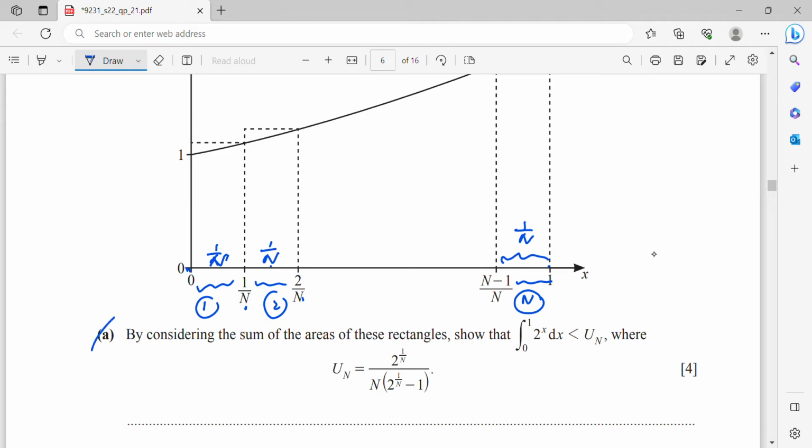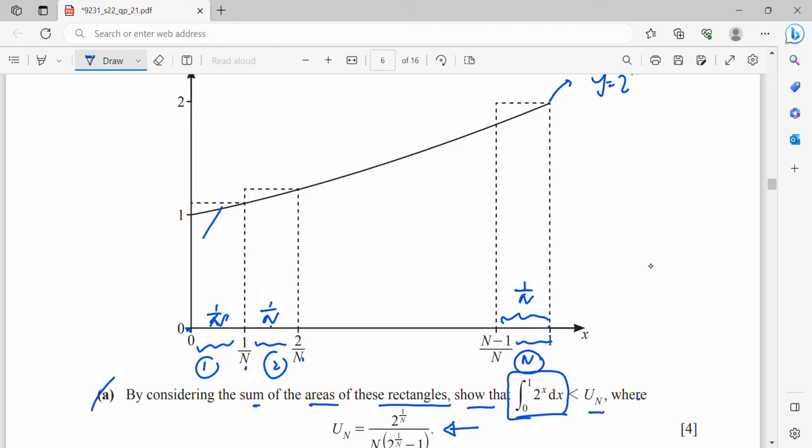Part A: by considering the sum of the areas of these rectangles, show that the integral of 2 power x dx from 0 to 1 is less than un, where un is this. When you solve this integration, it's actually the area under the graph.